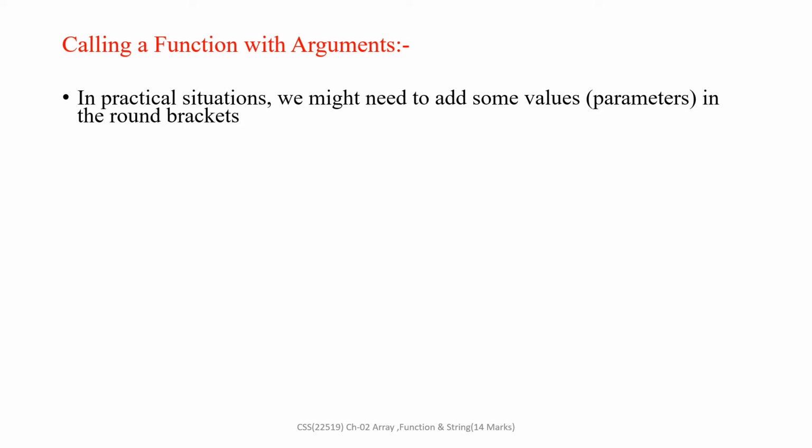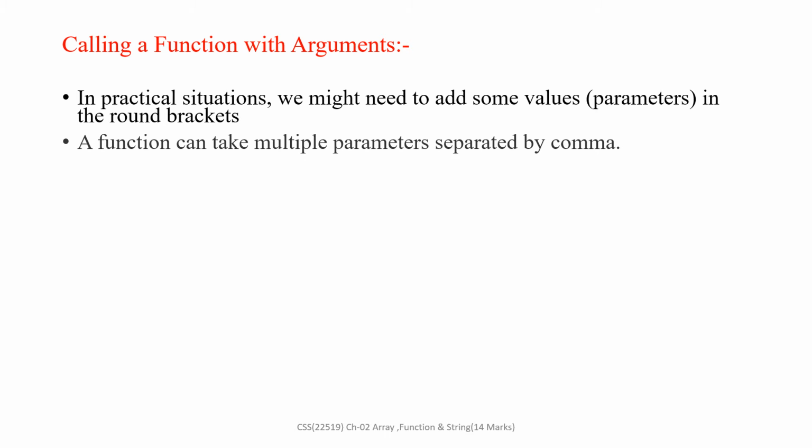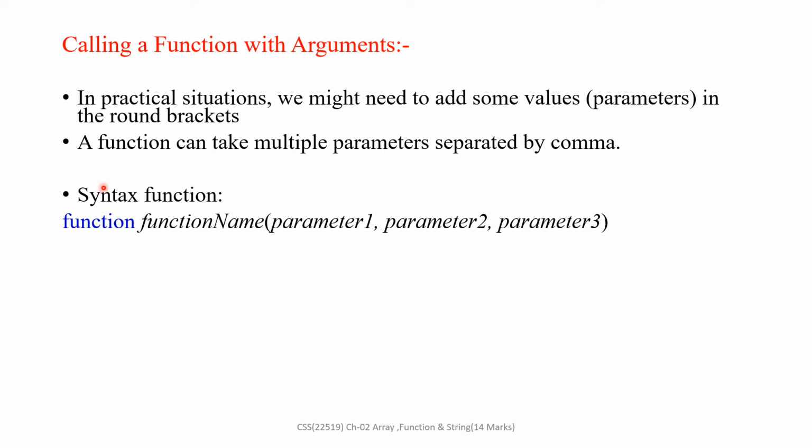Now calling a function with arguments. In a practical situation we might need to add some values, that is parameters, in the round brackets. A function can take multiple parameters separated by commas. The syntax of that function is function name, parameter 1, parameter 2 and parameter 3, then opening curly brace, code to be executed, and closing curly brace.